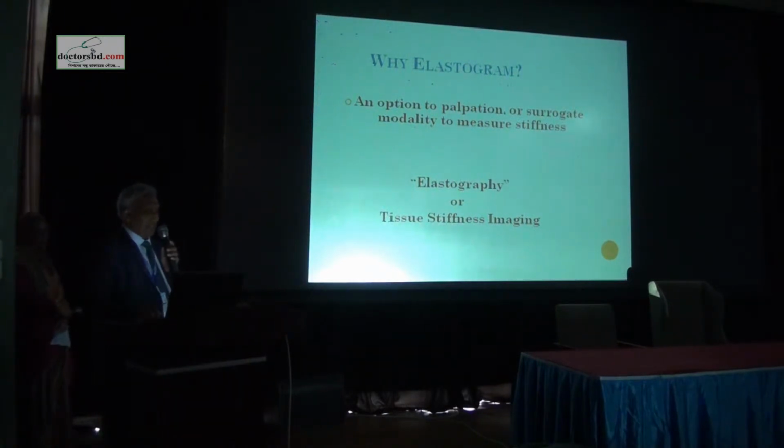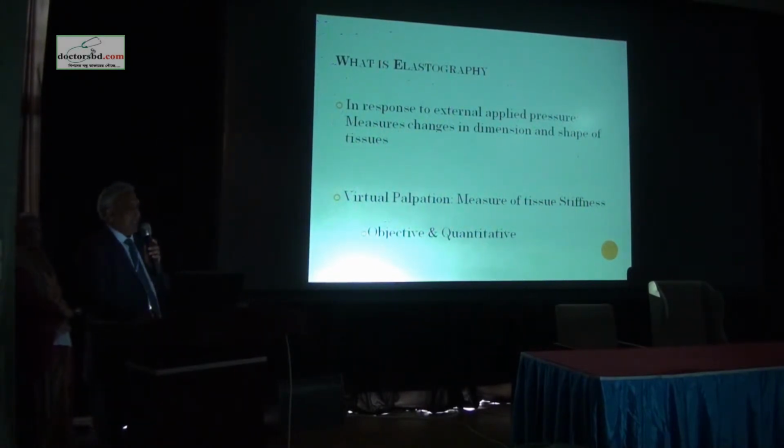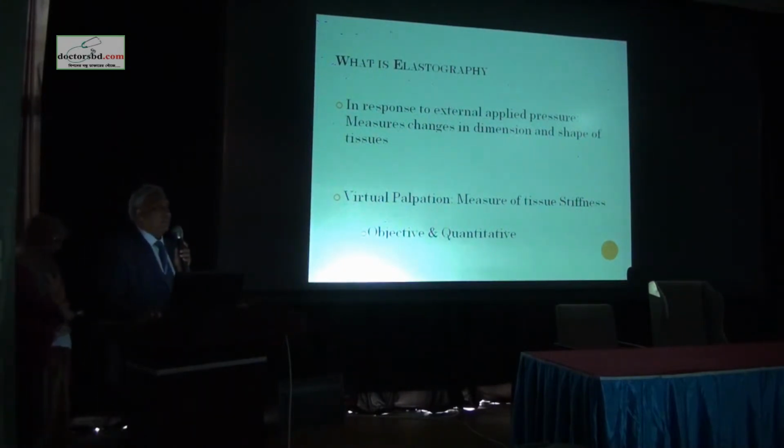What is elastography? It's a kind of stiffness imaging. As you know, all tissues have certain mechanical properties of strain, and when they are diseased, they lose their strain, their elastic capacity. That is why elastography was found to be an option to find out what is happening to the tissues.